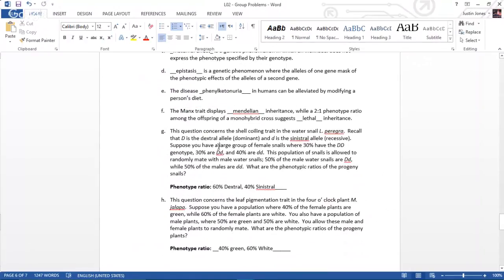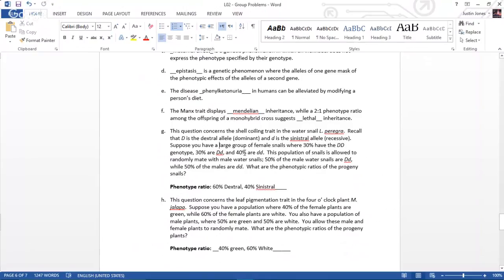So this one is talking about the maternal effect. It's the snails, the L. peregrina. So it's asking if you have a percentage such and such for the moms, and they randomly mate with males that are random, what are the phenotype ratios of the progeny? And it's just going to follow what the mom's genotype was.